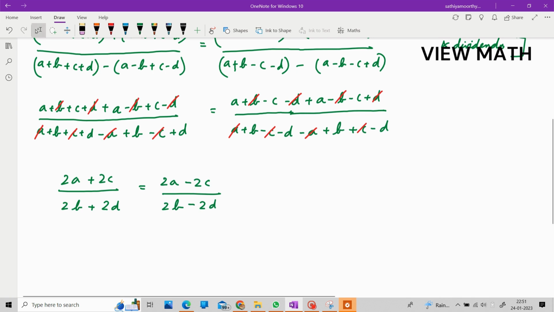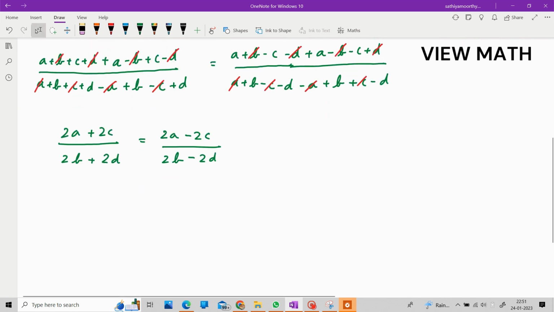Now I can see 2 is common in both left hand side and right hand side, so I can cancel, or if you want you can take 2 outside and then cancel it. So I'm going to cancel directly. So I get (a + c) by (b + d) is equal to (a − c) by (b − d).